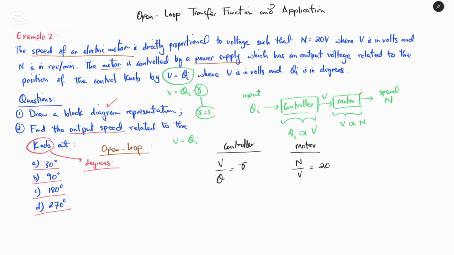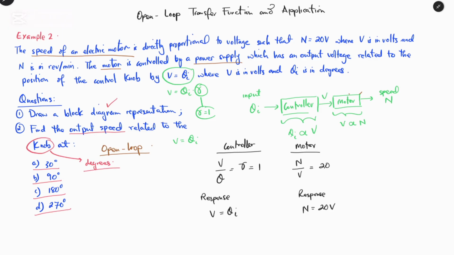That's why we are no longer using the function of the S domain. For the controller, we know that the sigma is equivalent to 1. So to find the response, we have V is equal to theta I, and the response for the motor, which is the speed, N is equal to 20V.